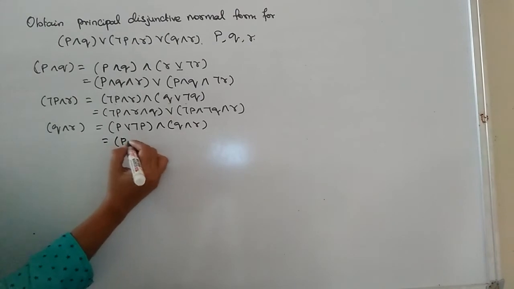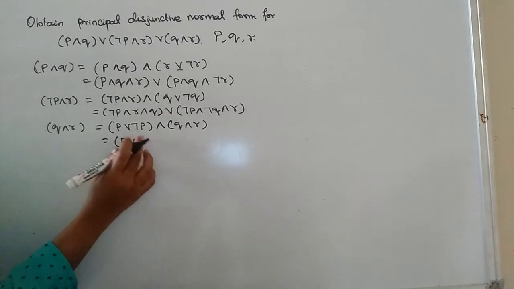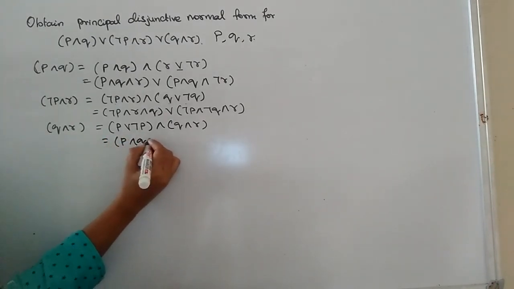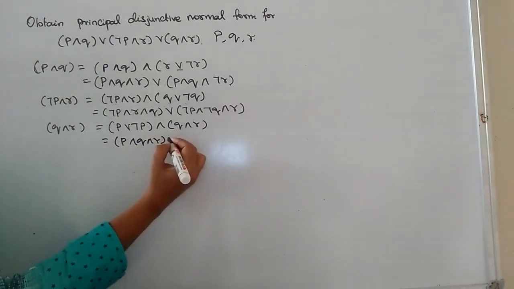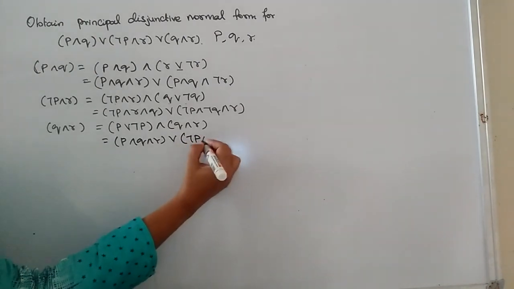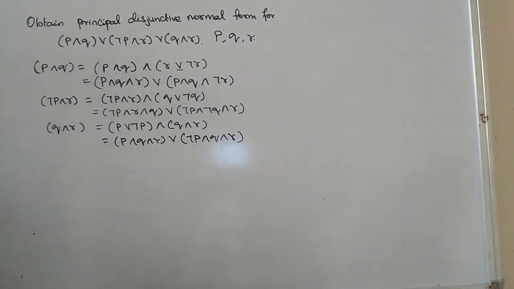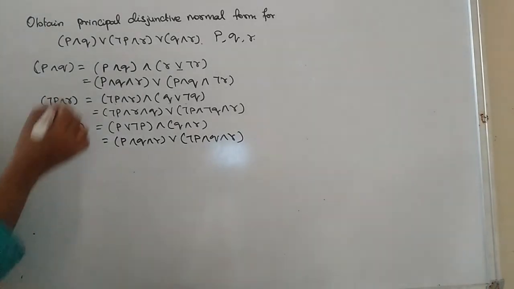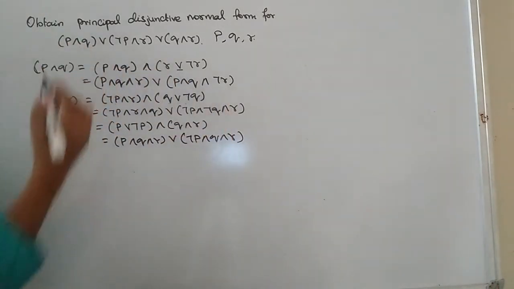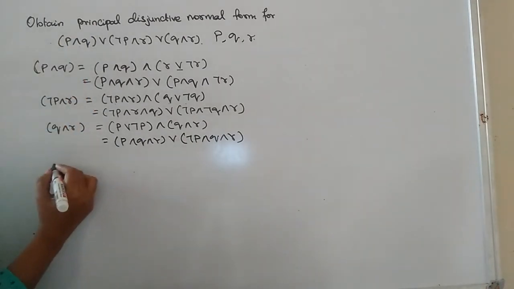So we can write it as P and Q and R, and negate P and Q and R. Now you have to substitute these terms in the formula.